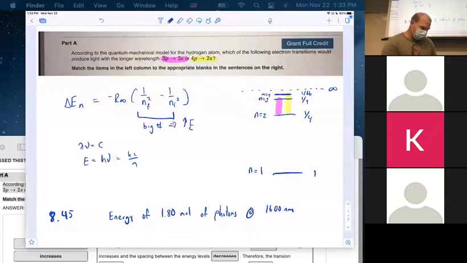So long lambda implies low energy. The one with the longer wavelength is the lower energy one, and it's this transition. It's that one right there. It's the 3 to 2.